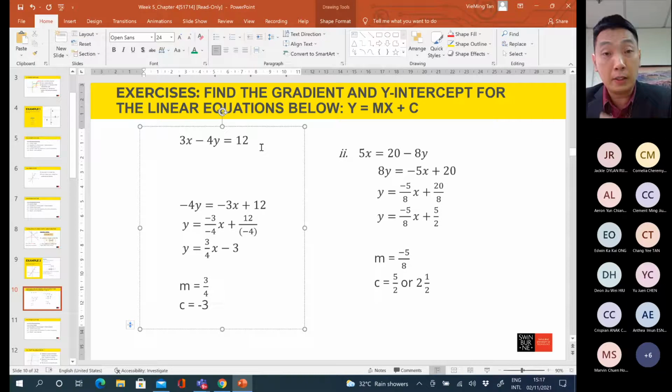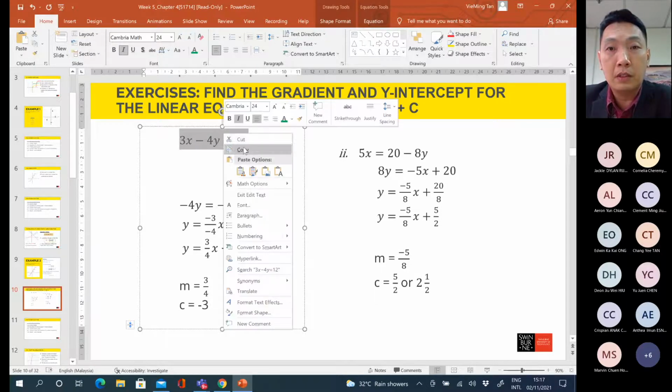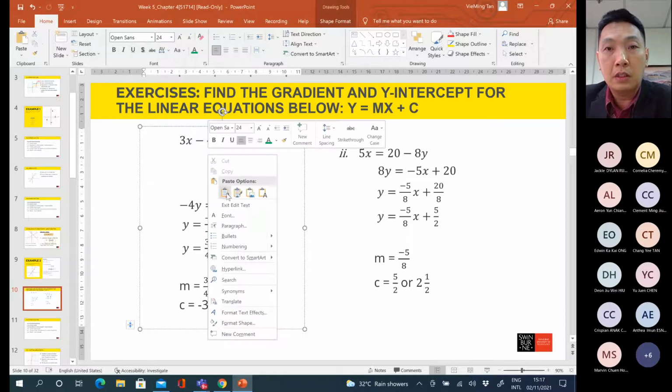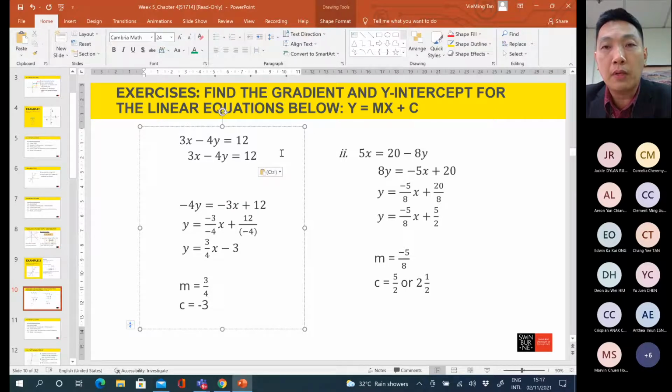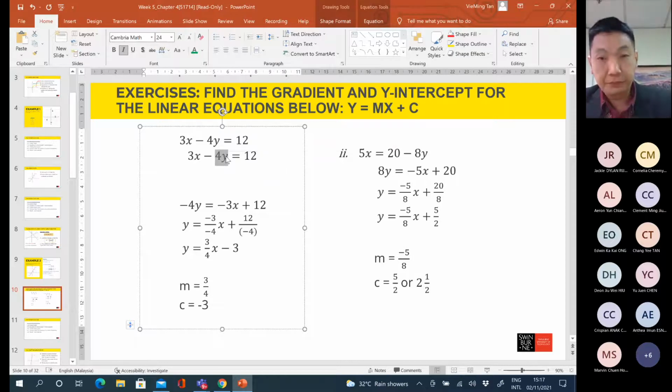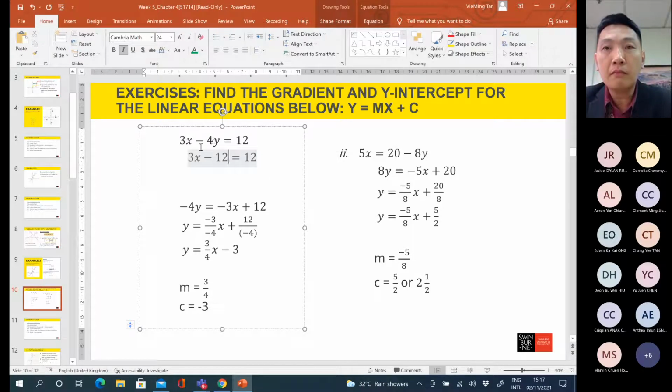So this is another way to transpose the formula, instead of using the example just now. I'll move 12 to the left and then minus 4y to the right-hand side, so that the coefficient of y is a positive number. If 12 moves to the left-hand side it becomes minus 12. If negative 4y moves to the right-hand side it becomes positive 4y. So far so good.